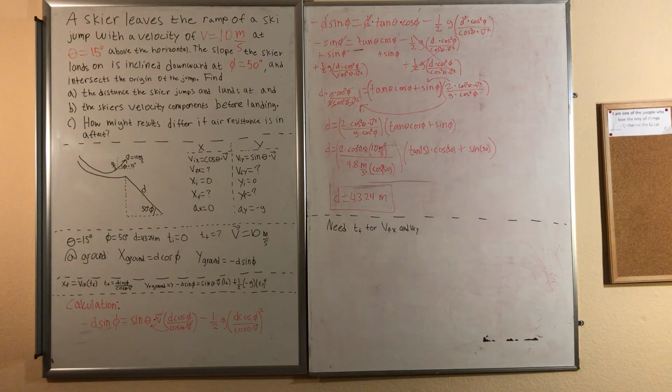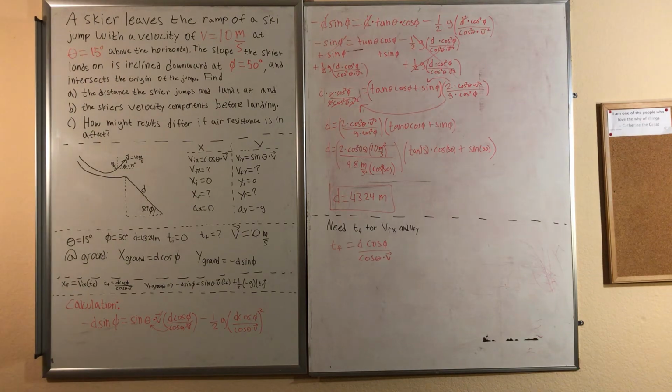Moving on to part B, asking for the final velocity components. Time final and the velocity finals are unknown, so to find the final components, we should find the time final using our time final equation we wrote, and then solve for the other components with the time final.